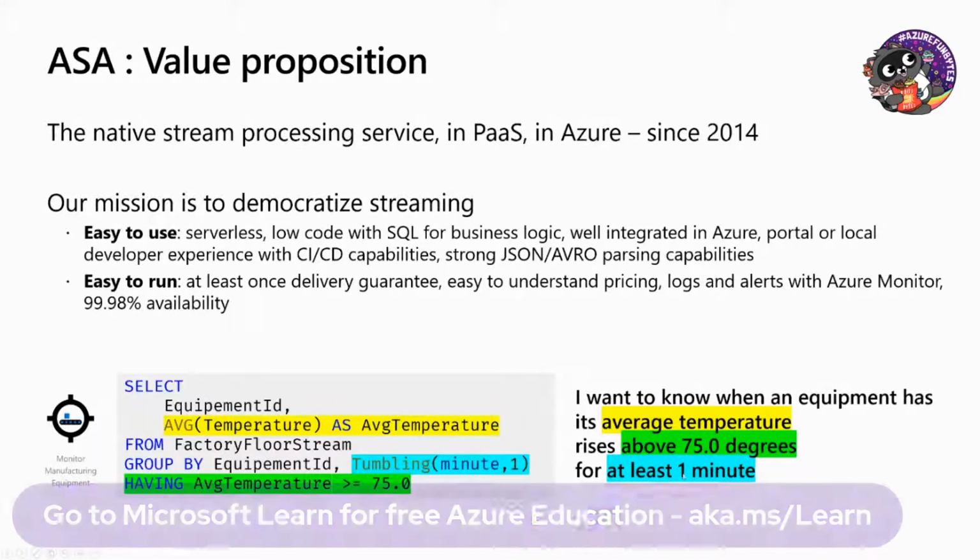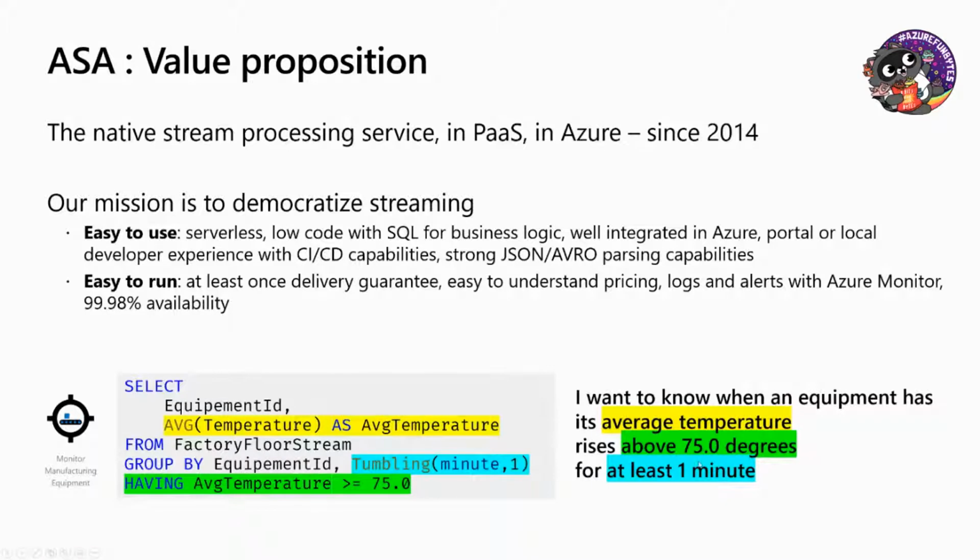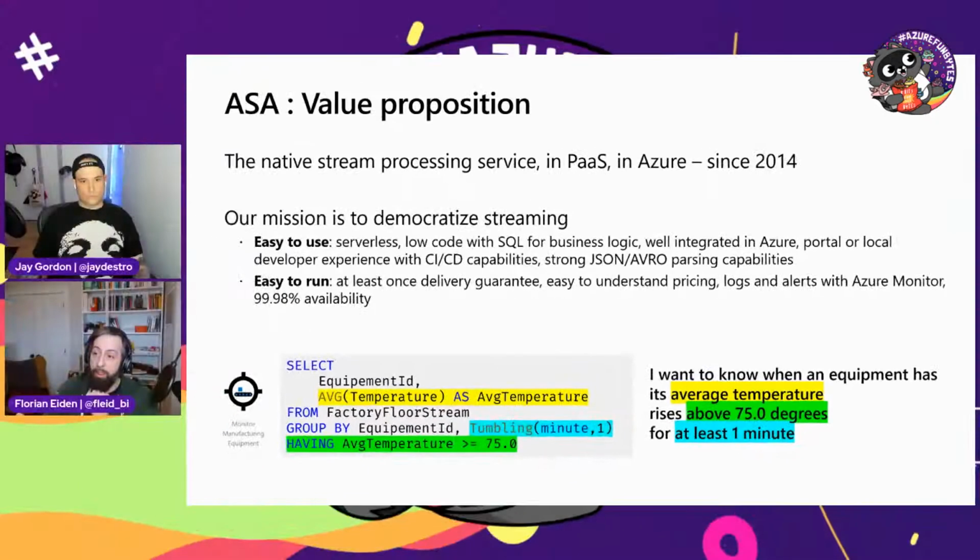Look at the SQL query that you're writing for that specific business requirement. To me, for somebody that knows SQL, and most analysts know SQL, this is very easy to think about. The only subtlety is the "for at least 1 minute." There's a temporal element that's quite new, but when you think about it, it makes a lot of sense.